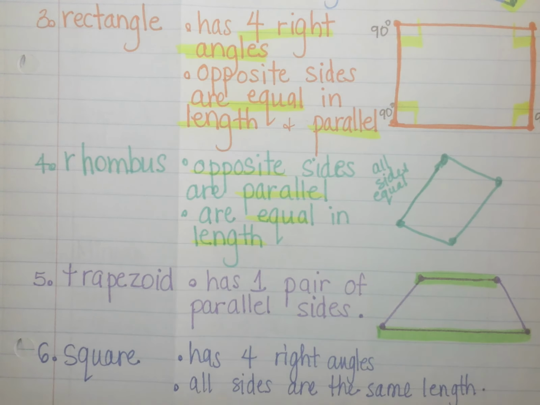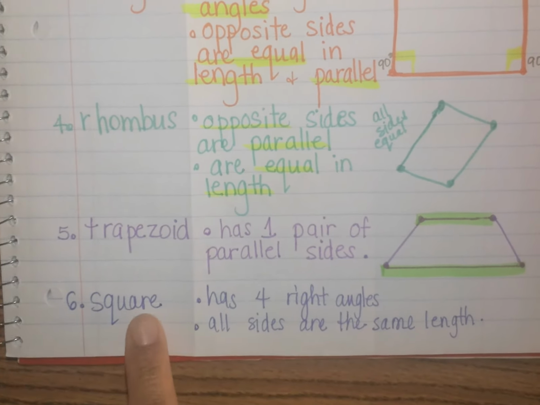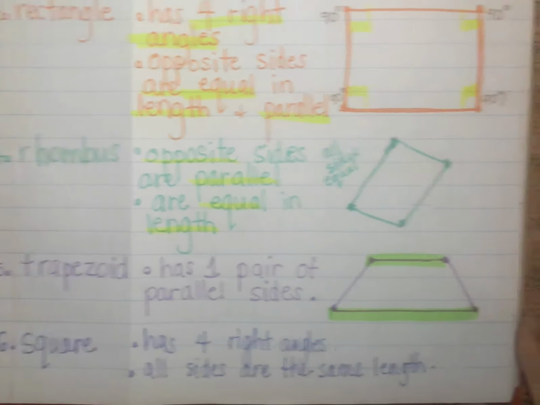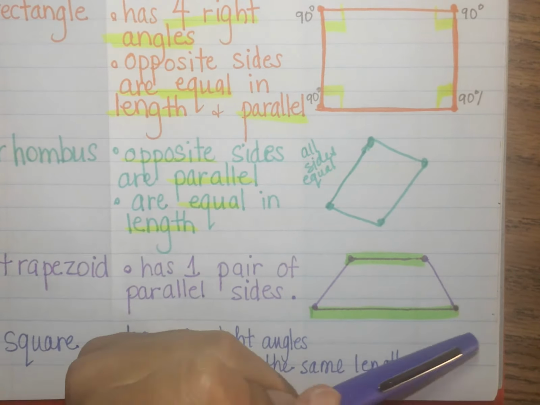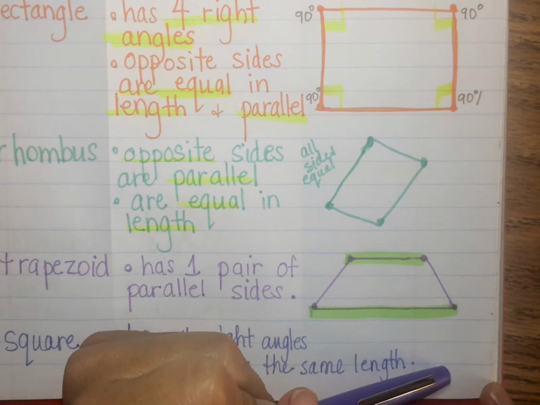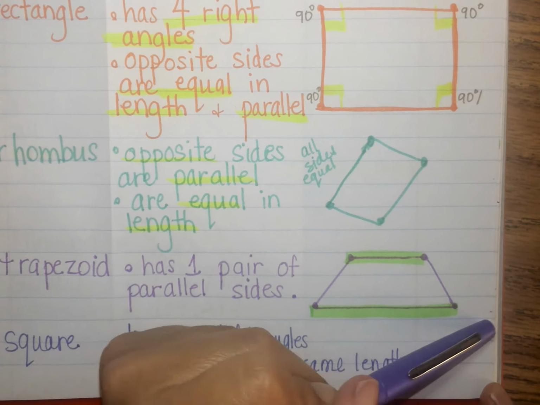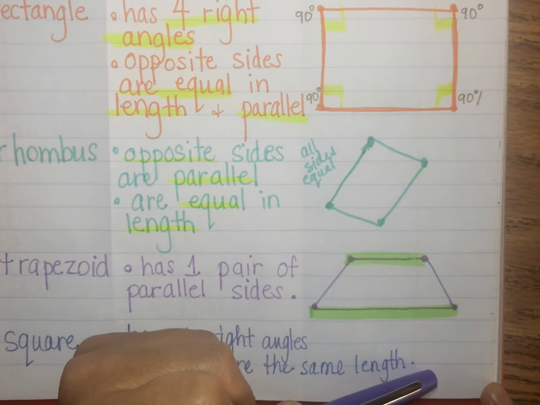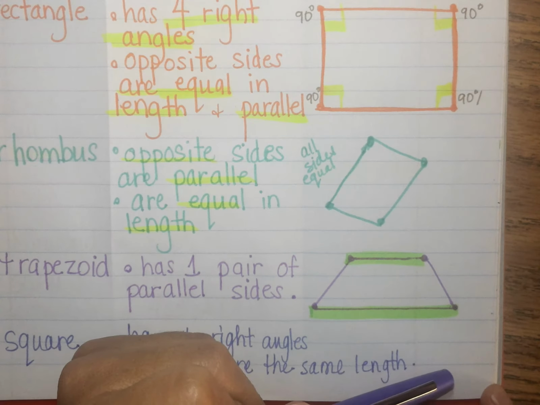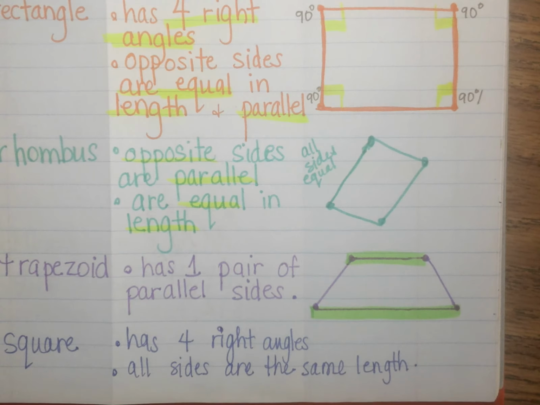Mrs. Laura is going to have you find a little spot on your page, even if it's right under the word square, or over here. Use a ruler and make a perfect square that measures maybe 1 inch by 1 inch by 1 inch by 1 inch, or 3 centimeters by 3 centimeters by 3 centimeters, as long as they're all the same length, and you have 4 right angles. All right, we're done.